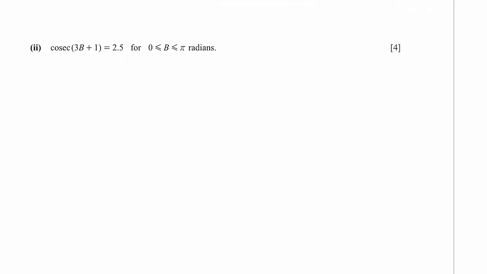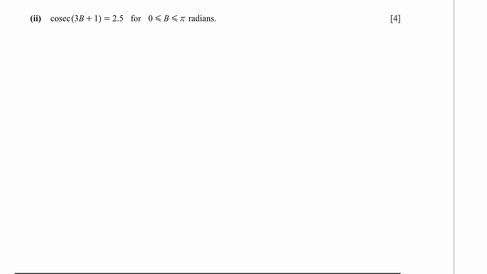Okay, so we've now got a different equation. Cosec of 3b plus 1 is 2.5. So cosec of 3b plus 1 is 5 over 2, which means sine of 3b plus 1 is equal to 2/5.